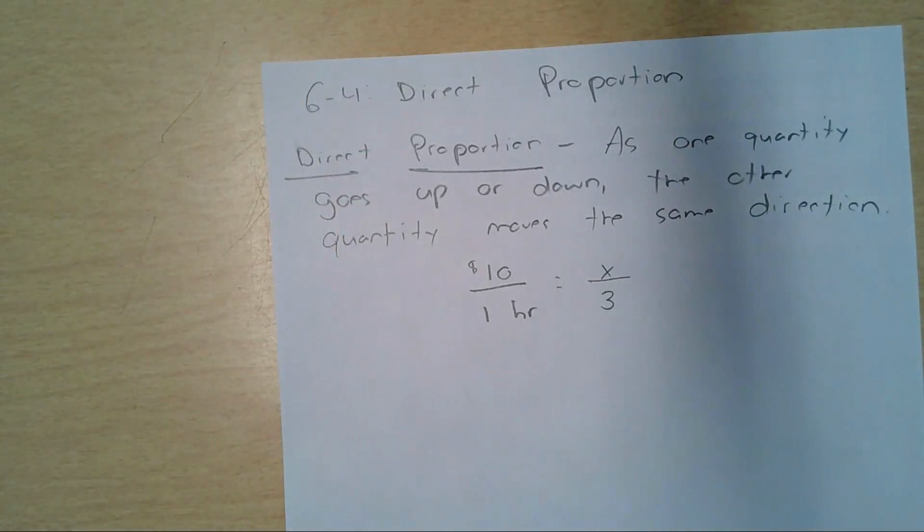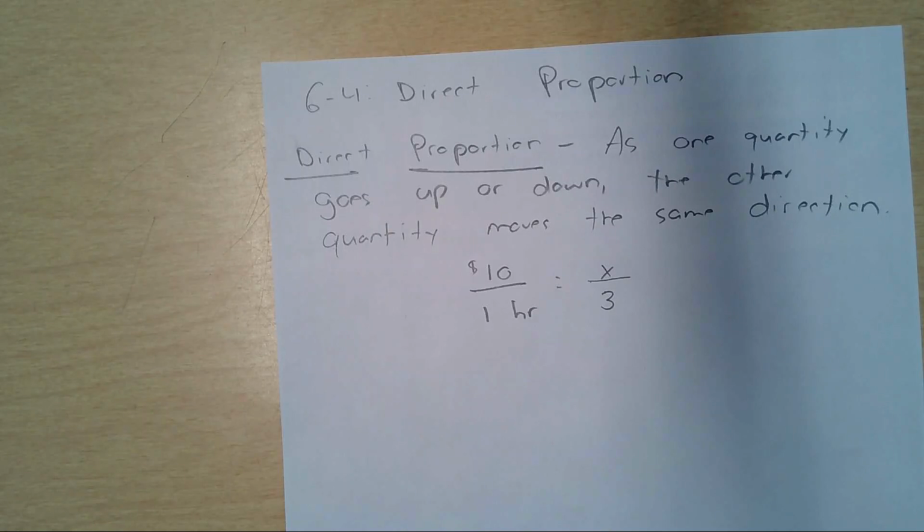But as the amount of hours I work goes up, what happens to the amount of money I make? Goes up as well, proportionately, right? So as time worked goes up, the amount of money that you make goes up. This is a direct proportion. As one goes up, the other goes up.